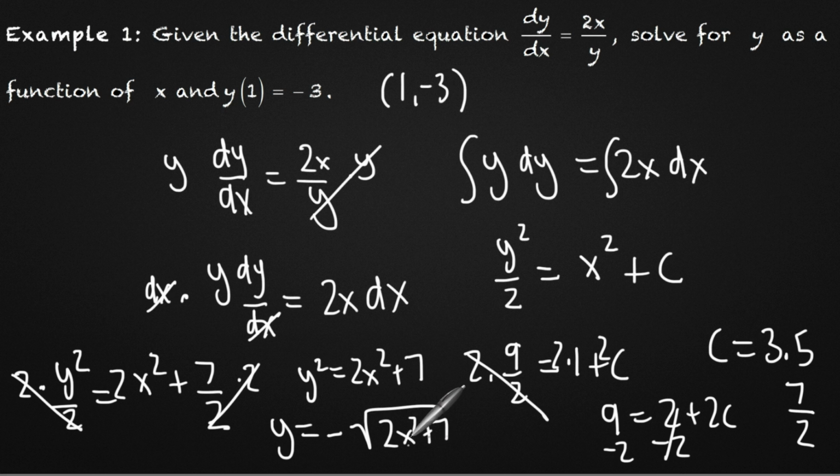Let's test it out. 1 squared is 1, times 2 is 2, plus 7 is 9. The square root of 9 is going to give me 3, but it will be negative only if I put a negative in front of the square root. And so don't put plus or minus on your answer. Make sure you choose whether it's plus or minus.